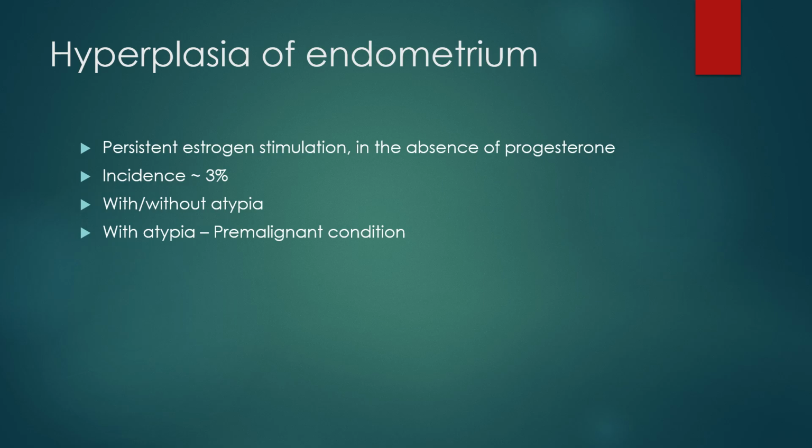The exact incidence of hyperplasia is not known, roughly about 1 to 3%, especially in menopausal, postmenopausal bleeding. The proliferation or hyperplasia can be with atypia or without atypia histopathologically. Hyperplasia with atypia is a pre-malignant condition which, if it persists, has a chance of malignancy of about 8%.